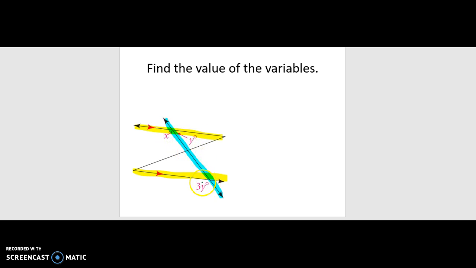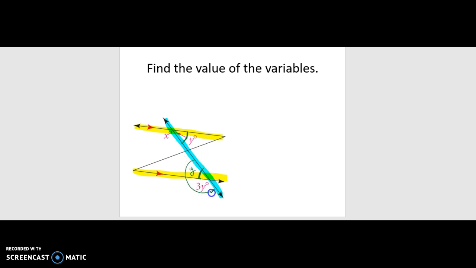So somehow, some way, I have to use both of these y's. But if I look, they're on opposite sides of the transversal. One is interior, and the other is exterior. So what am I going to do? Well, what I'm going to do is I'm going to say this angle is congruent to this angle. So if that is y, I'm going to say this is y.